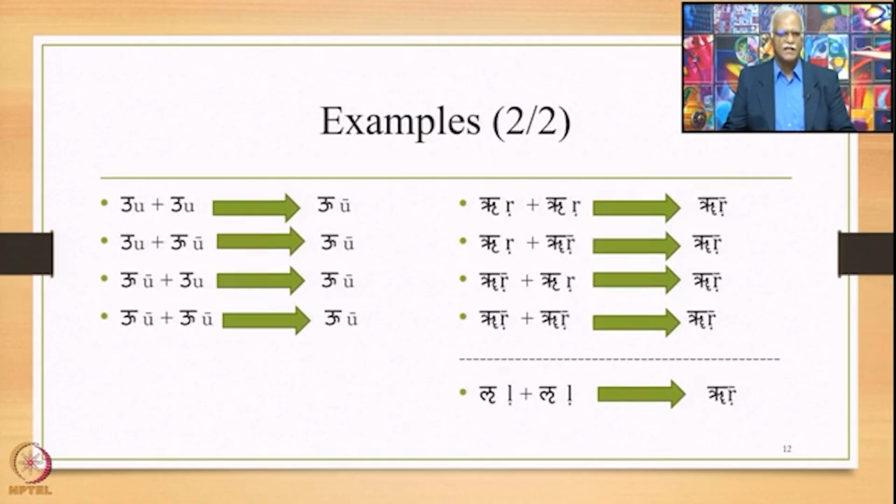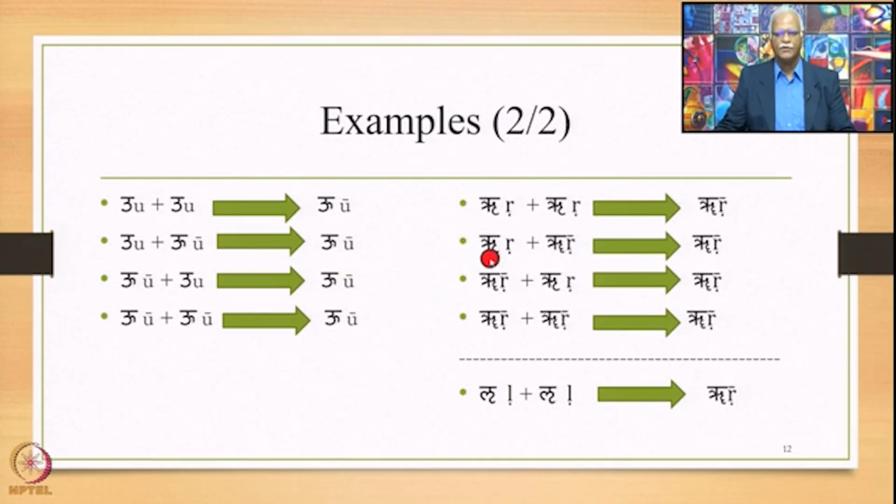Similarly is the case with u, where you have u plus u both short, and 6.1.101 applies and the output generated is long u. Similarly, u plus long u, long u plus u, and long u plus long u. In all these four cases, the output generated by 6.1.101 is the dirgha vowel of u, namely the long u, as shown here.